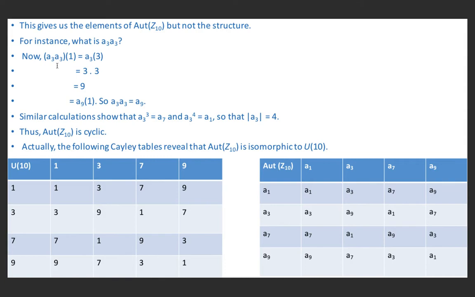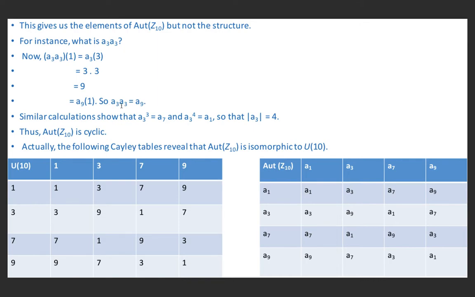A3 composed with A3 is A3 of A3(1). By definition of function composition, A3(A3(1)), and A3(1) we have defined to be 3. And A3(3) is by definition 3 into 3, and 3 into 3 is 9, and 9 is A9(1).